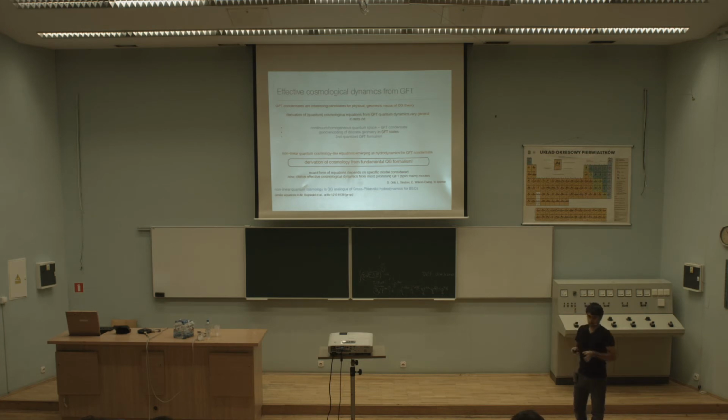We have done already this work for toy models, and we have a template for how you extract the Friedmann equation, and we have seen already that you can indeed extract the Friedmann equation plus corrections from these toy models. Now the real task is to do it for serious models.